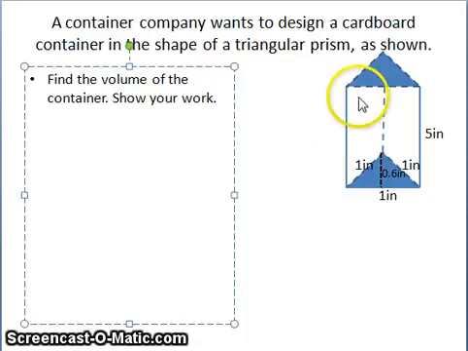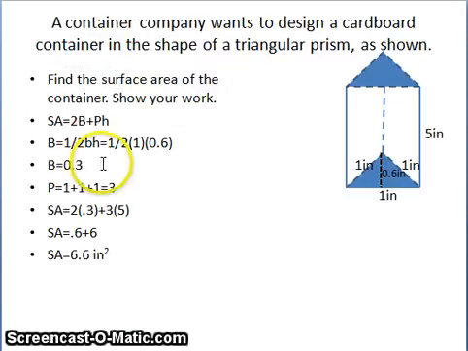So since I'm finding the volume, I need the volume formula. Reach way back in your memory to when we did the volume. Volume of a prism was the area of the base times the height. I already calculated the area of the base, so there's no reason to show that work again.